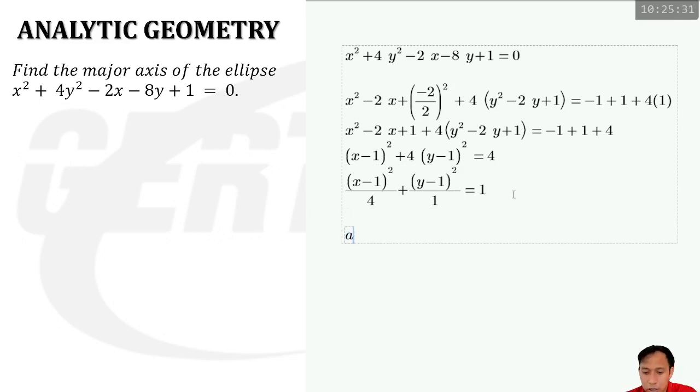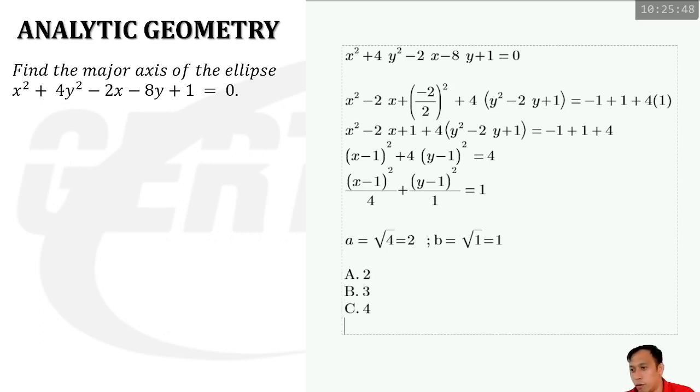A is equal to the square root of 4, which is 2. B is the square root of 1, which is 1. Now, if the choices are 2, 3, 4, 5, many students would choose 2, because they think the length of the major axis is equal to A. But that is wrong.